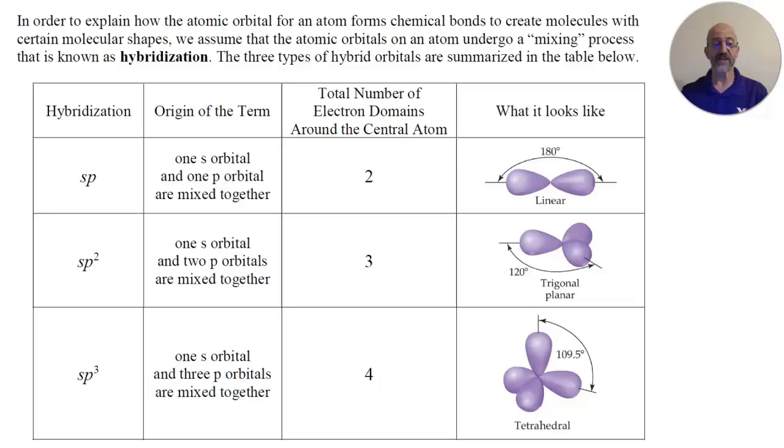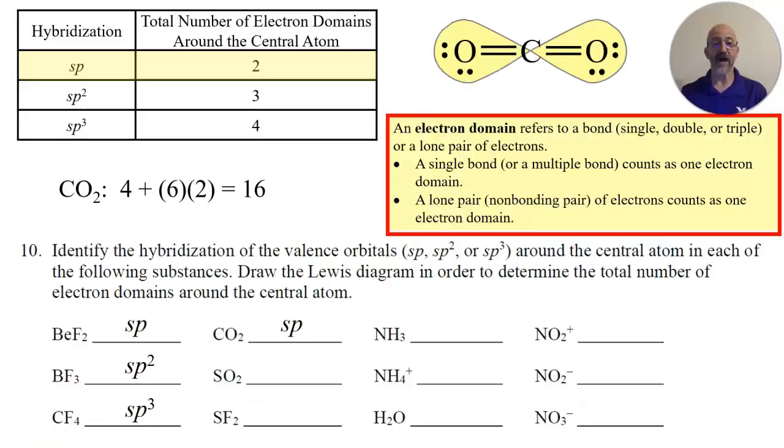And the hybridization is either sp, sp2, or sp3, based on the total number of electron domains around the central atom. Now, in that video for topic 2.7, I presented examples, and what's highlighted with that red box on the right side of this slide is about electron domains and how we count electron domains around the central atom.